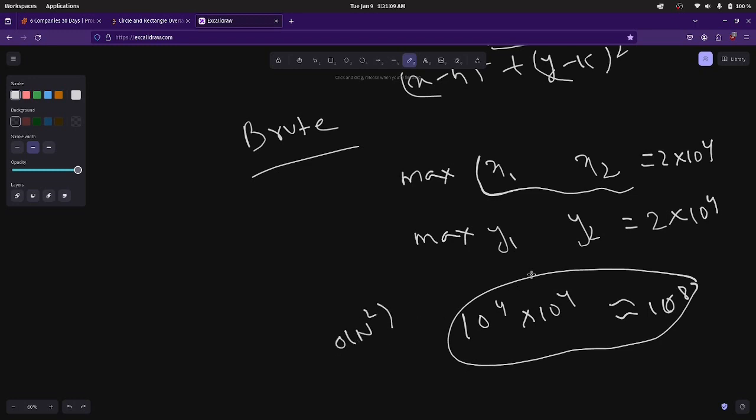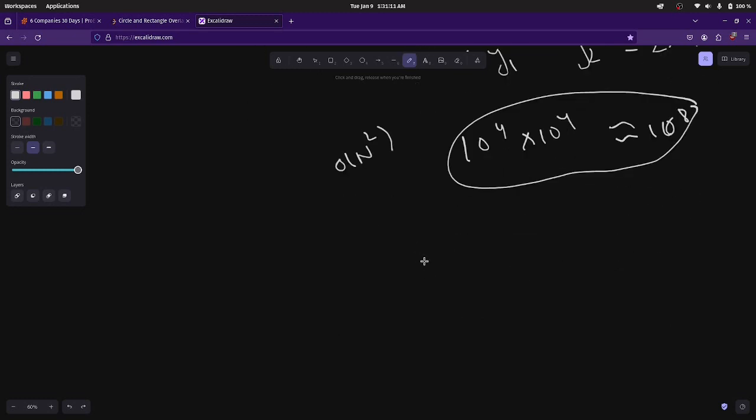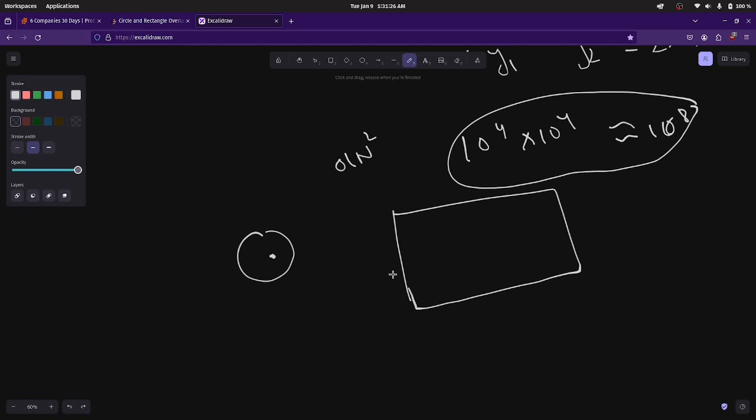And I think there is a reason for that. Let's say the circle is far behind. If that point is really far, that is minus 10 to the power 4, and this point is somewhere here at 0, and that point is 10 to the power 4, the max distance between the rectangle can be only 10 to the power 4.